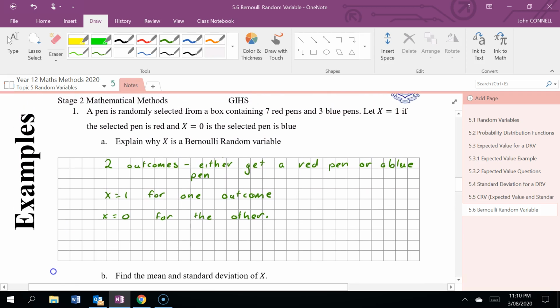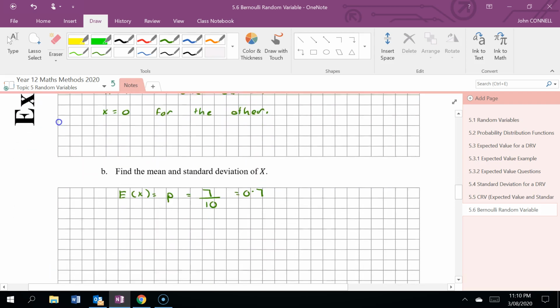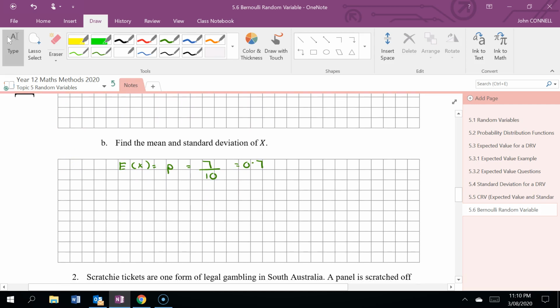Now for our standard deviation, as long as we know our probability of success, we can work it out. But just to draw up the distribution, it's xi and probability: 1 was getting a red pen, 0 was getting a blue pen, so let's just write that in.